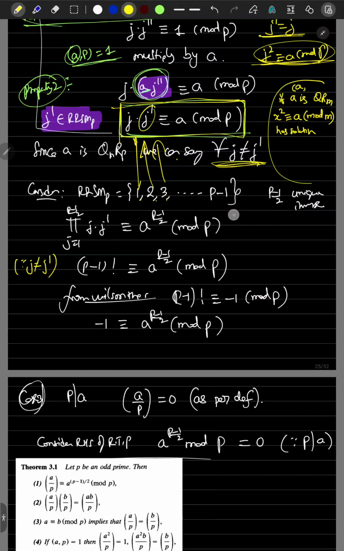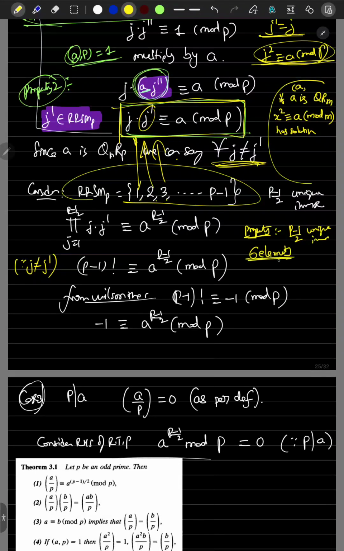In this RRSM, one more property is there: we have P minus 1 by 2 unique inverse pairs. Suppose I have six elements x1, x2, x3, x4, x5, x6. Then x1 and x6 are one pair, meaning x6 equals x1 inverse, and similarly x2 and x5, x3 and x4.